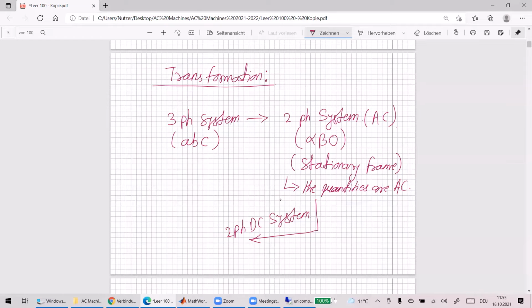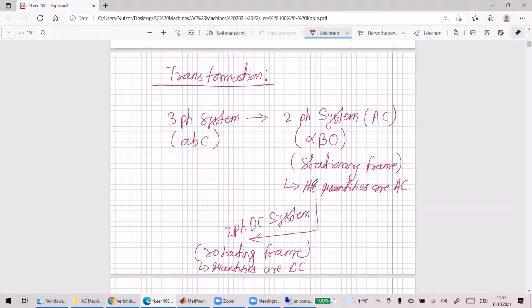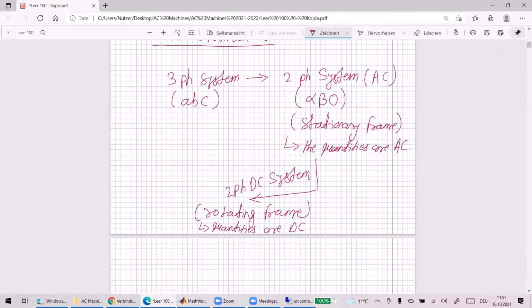So two-phase DC system, and this is your rotating frame, and quantities are DC. This rotating frame is called the DQ0 frame.